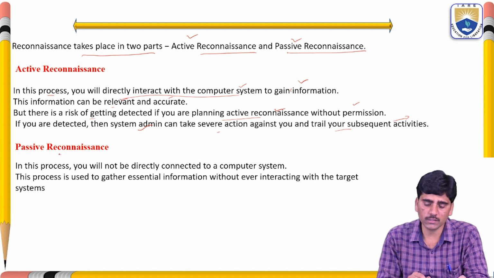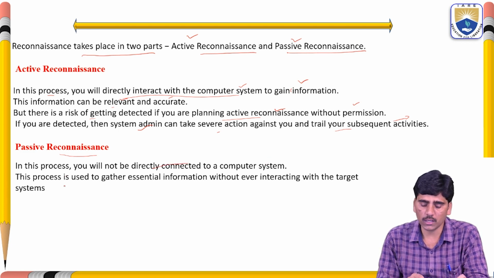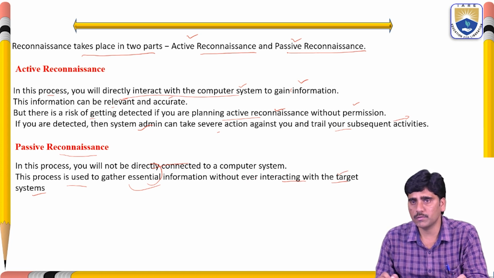The passive reconnaissance: in this process, you will not be directly connected to the computer system. This process is used to gather essential information without ever interacting with the target system. So we get information that lies in between the target system and the scanning process.